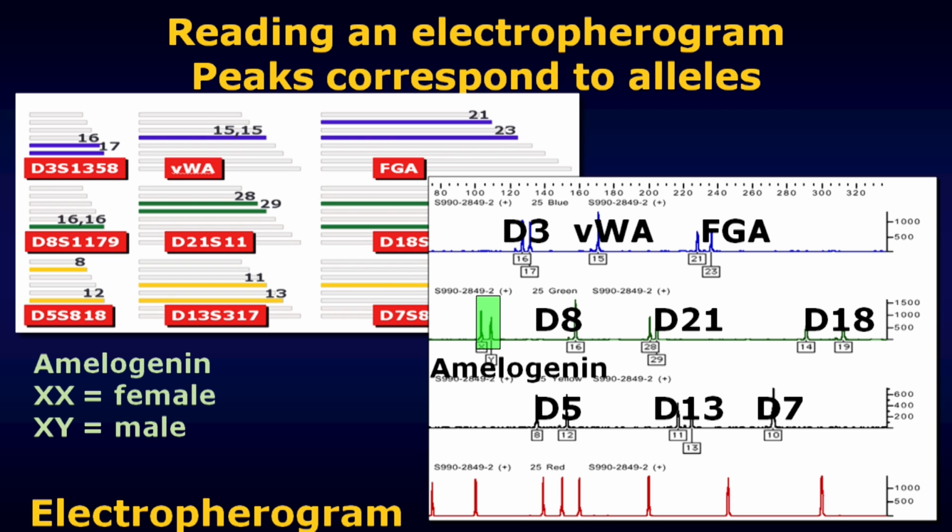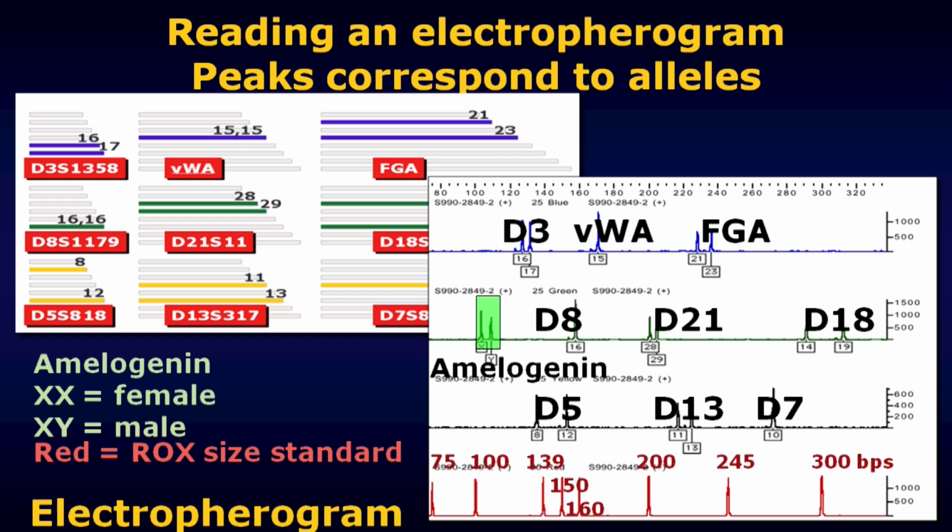And there is one last set of peaks to look at here. These are the ones labeled in red. These aren't actually amplified during that PCR amplification step. Instead, these are already pre-added to the mix. They are internal size standards, and it's by comparing where peaks move in the yellow, the green, and the blue to where peaks moved in the red that we're able to make size determinations for these samples.